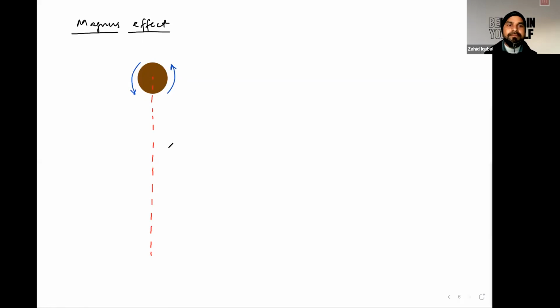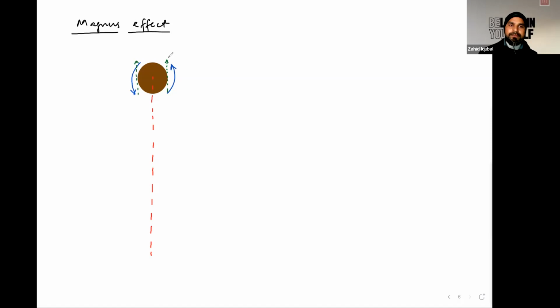Samira, what will happen if you spin this ball in anti-clockwise direction? In this part, if it is spinning anti-clockwise, the air around it must be going opposite to it like this.